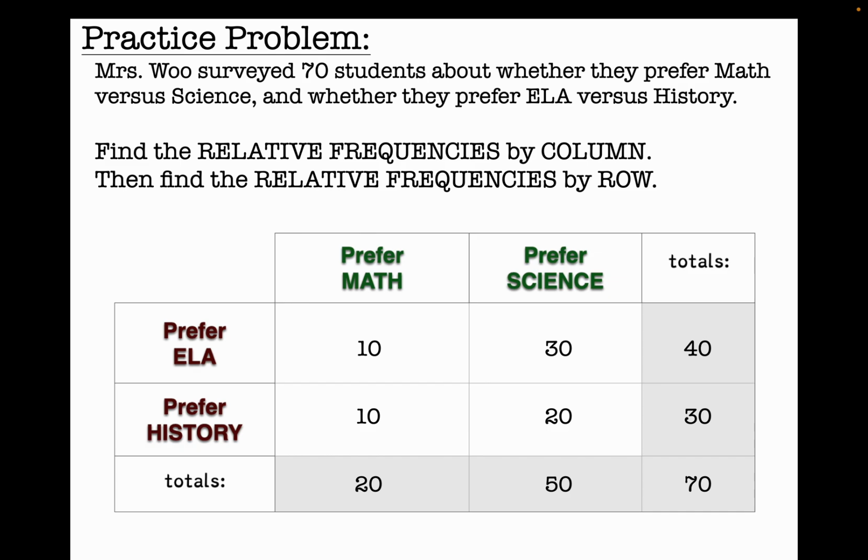So by the time you're done with this, you should have 4 different relative frequency percentages. So take a second, pause the video, find those 4%, the 2 sets by column and the 2 sets by row. So I guess that would be 8%. All right.